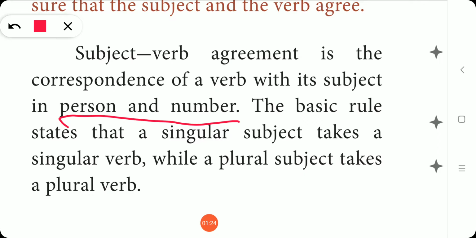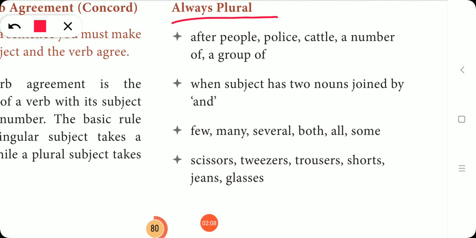Okay, so what is the first one? Always plural. Where do we have to use the plural verb? After people, police, cattle, a number of, a group of. After all these subjects we have to use a plural verb.